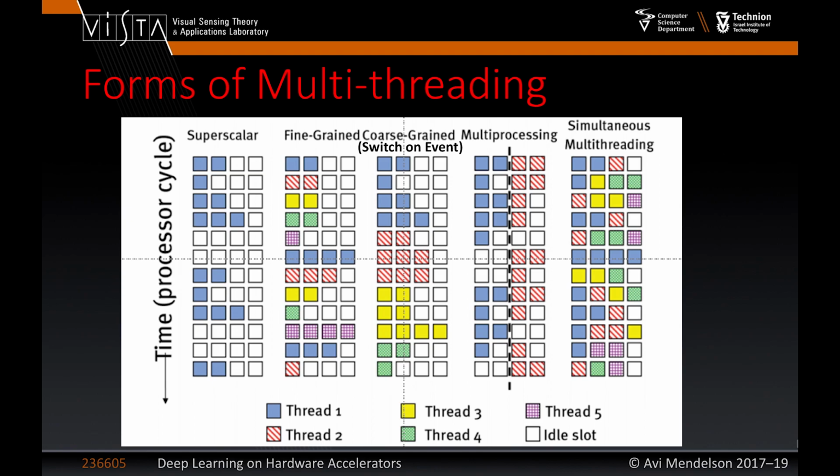I reach a branch, I have no idea if this branch is taken or not taken, so in parallel I continue to execute in order to get the result, but meanwhile I switch to another thread, and another thread continues to do the work. So I do one, I move to the second one, to the third one, to the fourth one, and then I go back to the first one.